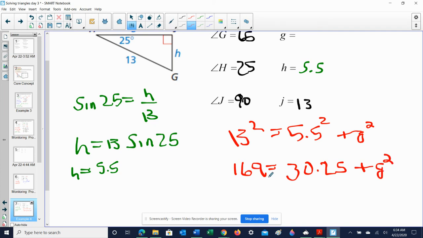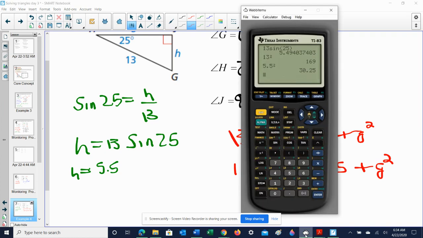Subtract 30.25 and take the square root. 169 minus 30.25 equals, and remember, this is g squared, so we have to take the square root of that. 138.75.